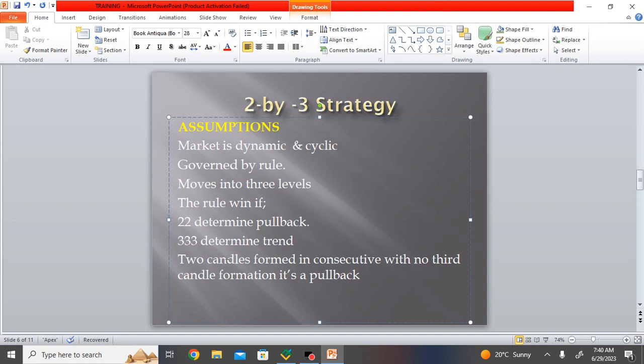And if two levels with no third level, it means it's just a pullback.